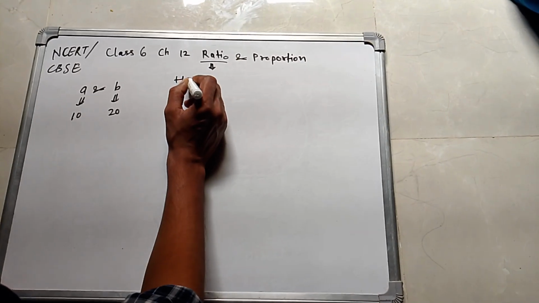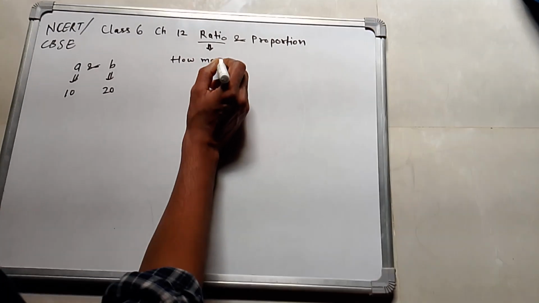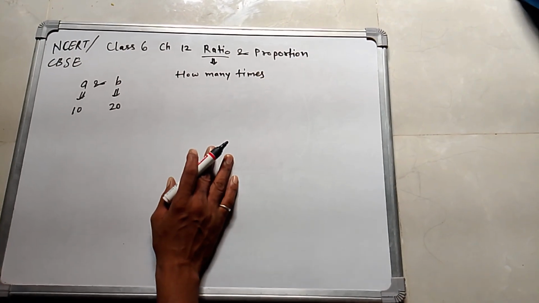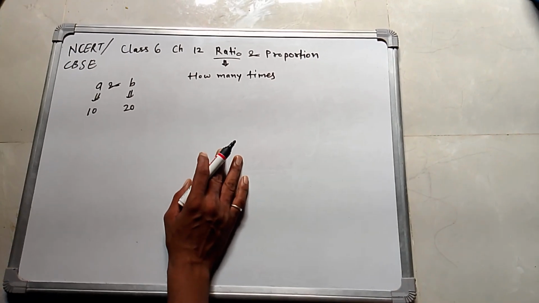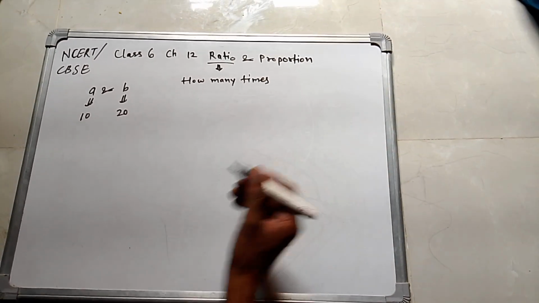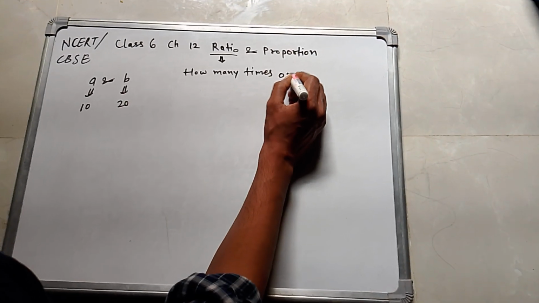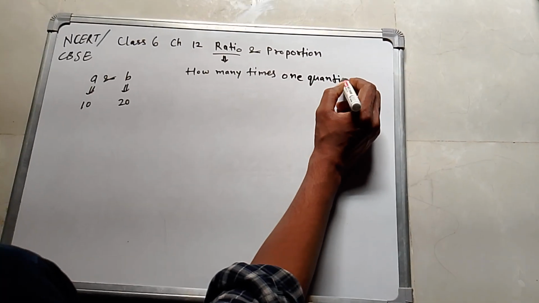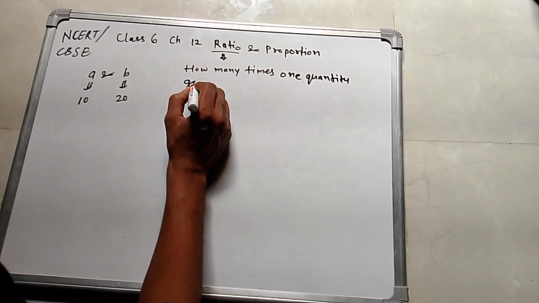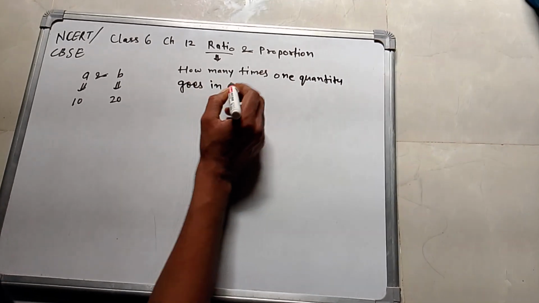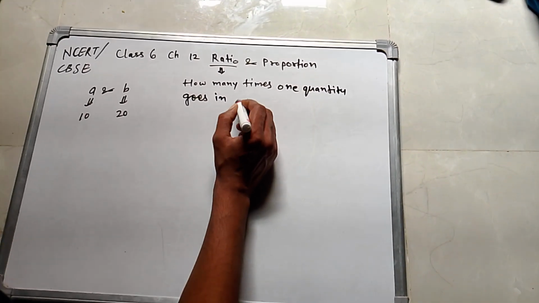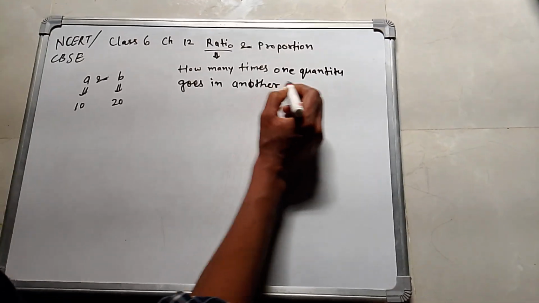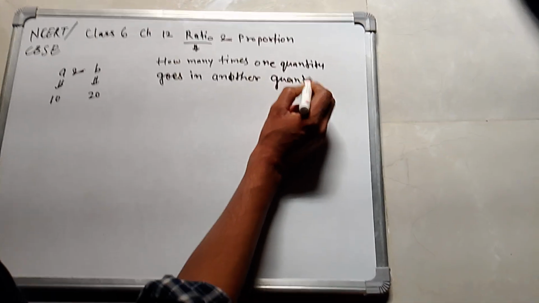Ratio means how many times one quantity goes in another quantity.